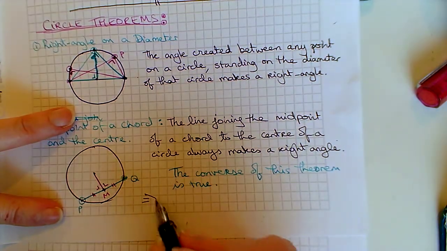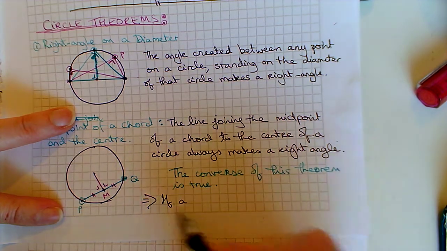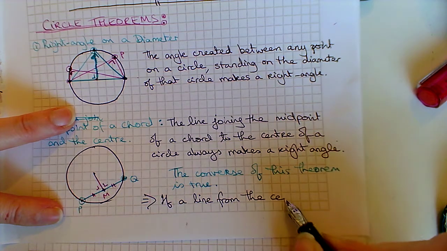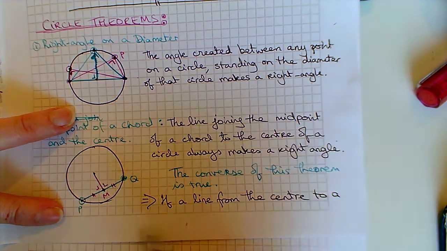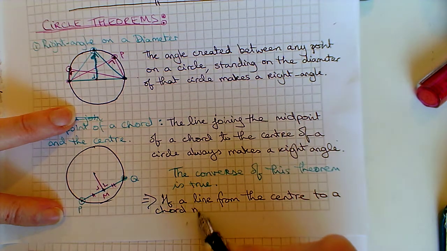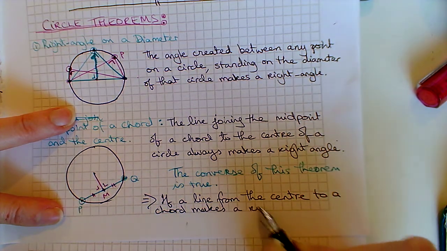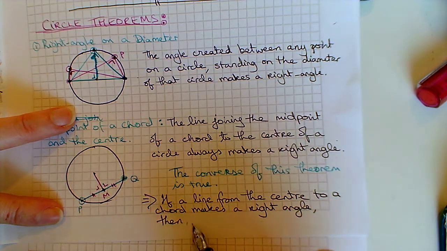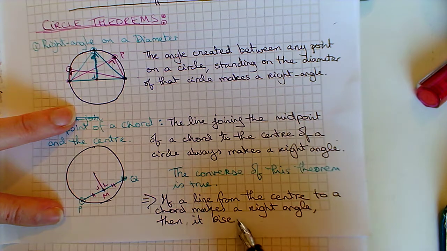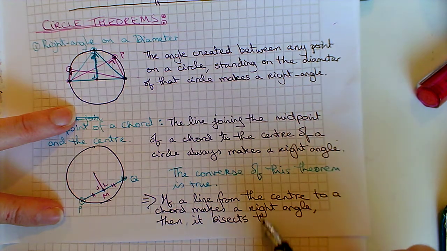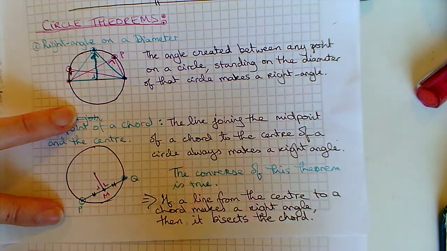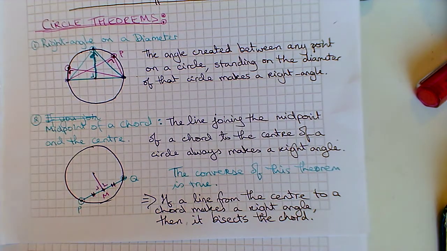That means that if a line from the center to a chord makes a right angle, then it bisects. It's joined to the midpoint. It bisects the chord. It cuts it into 2 equal halves. So that's why I put in these marks here to say that it's cutting it into 2 equal halves.